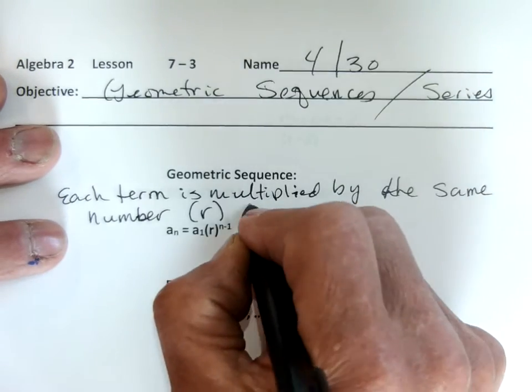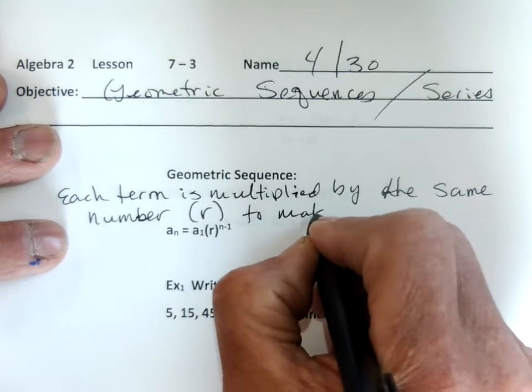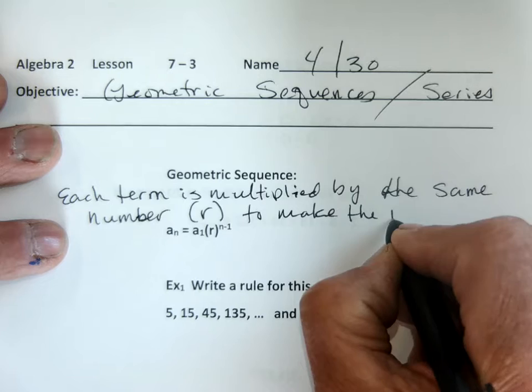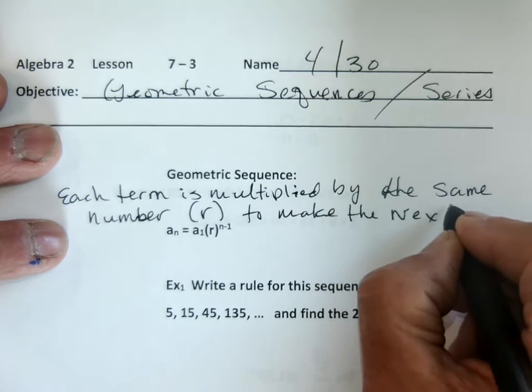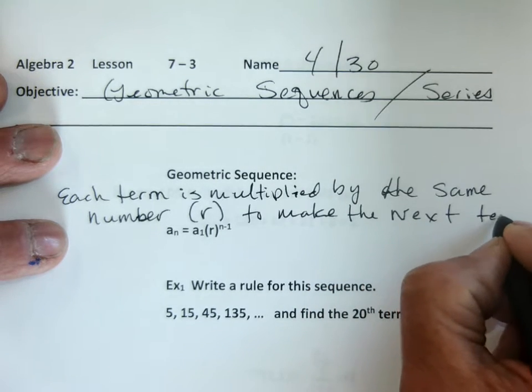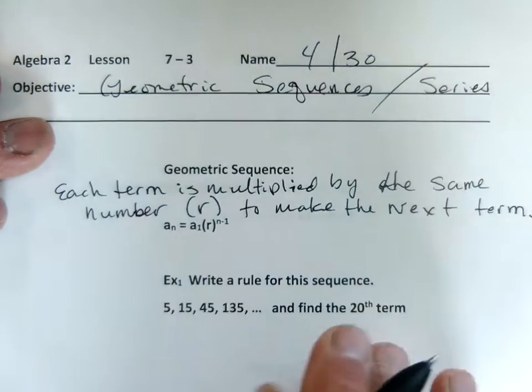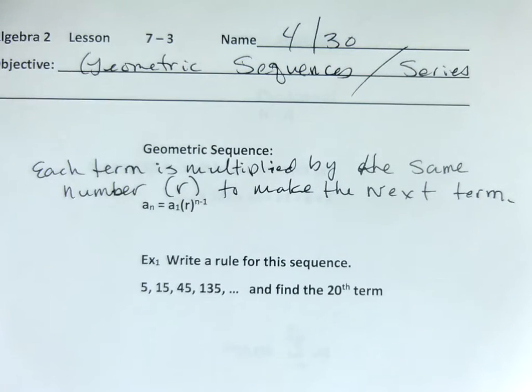Same number to make the next term. Gosh, I wish I had neater handwriting. I'll try and be neat, because that's pretty sloppy, huh? Each term is multiplied by the same number, R, to make the next term. So we call it the ratio because sometimes you multiply by a fraction. That's why they call it a ratio, okay? But you're going to multiply the same thing over and over again.